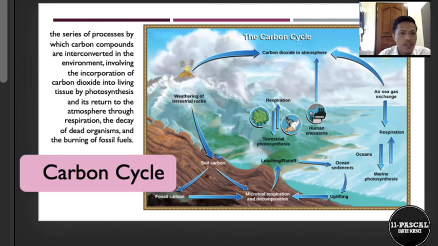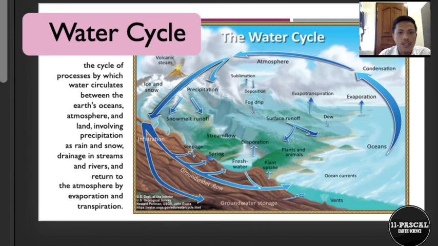Next we have the water cycle. This is the cycle of processes by which water circulates between the Earth's oceans, atmosphere, and land, involving precipitation as rain and snow, drainage in streams and rivers, and return to the atmosphere by evaporation and transpiration. You will see here the different interconnected parts that make up a whole, right?